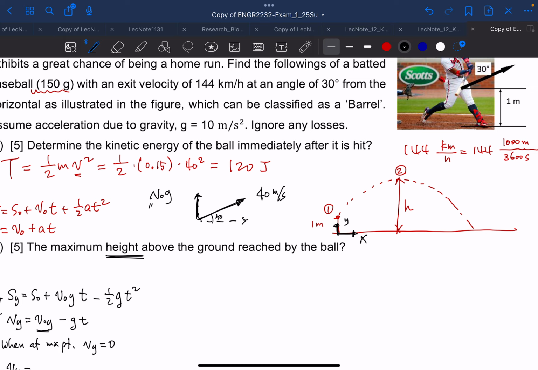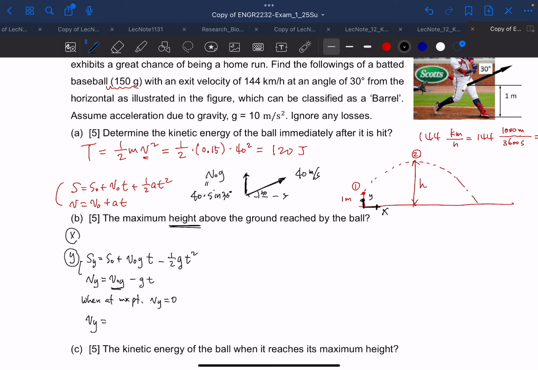And that is going to be 40 times sine 30 degree, which is basically 20, right? So 20 minus 10 times t is going to be 0 from this equation. So from here we find t is 2. And so I can plug that in over there, which will give us S of y.